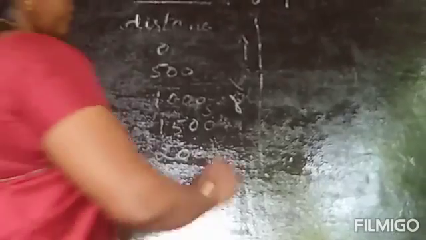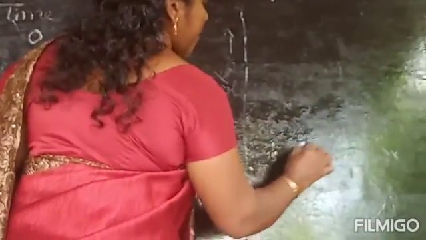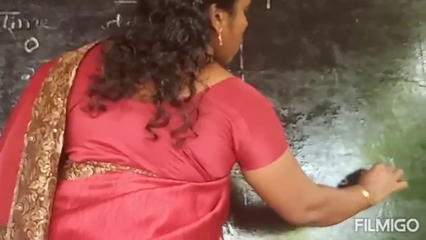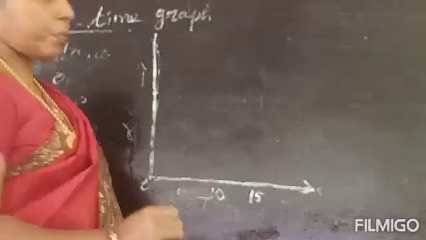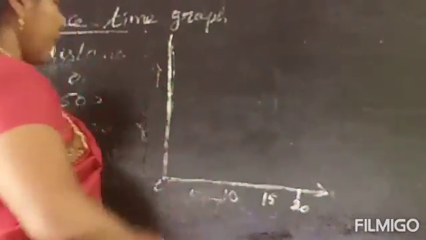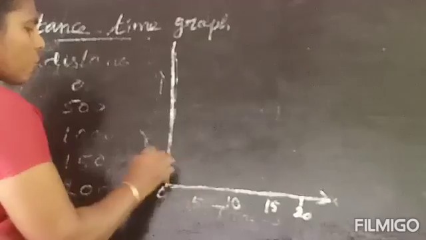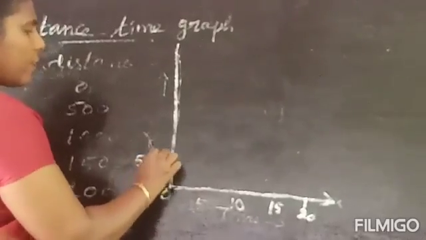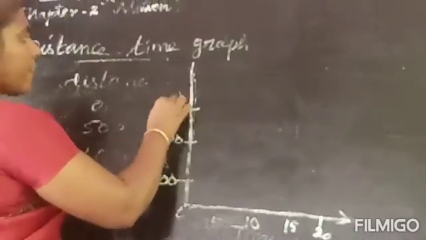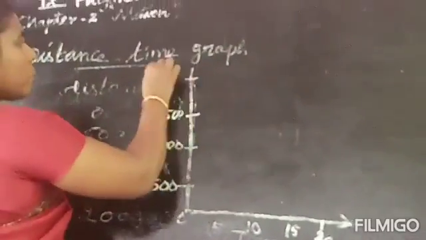Here 0, 5, 10, 15, 20, 25, 30, it goes on. On the Y-axis, 500, 1000, 1500, 2000.